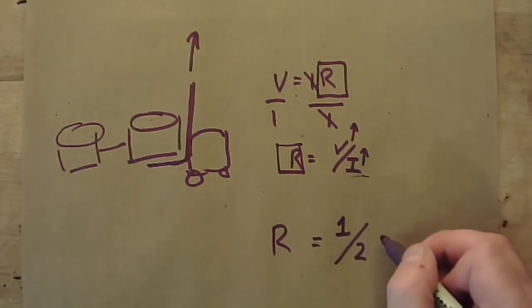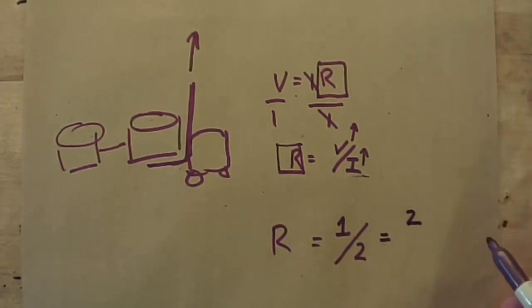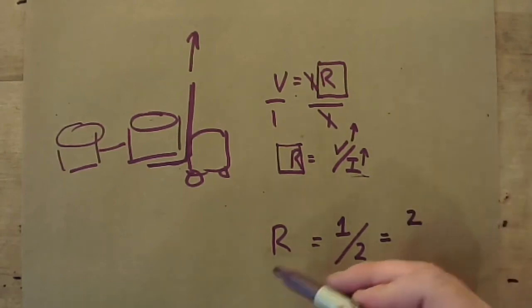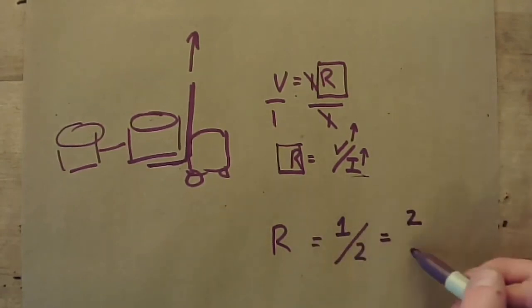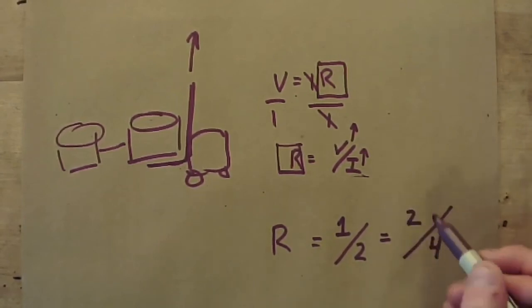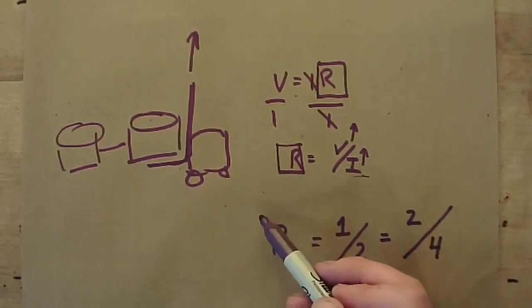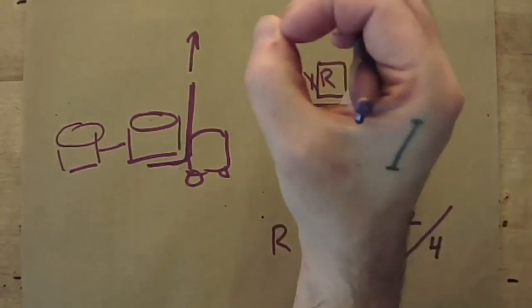Now, if our voltage goes up to 2 volts, then for this to still equal 1/2, our current is going to have to equal 4 amps, right? For this to remain at a value of 1/2, because we're not changing the size of our hose.